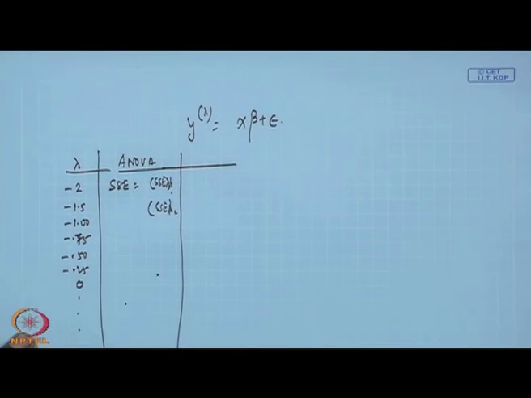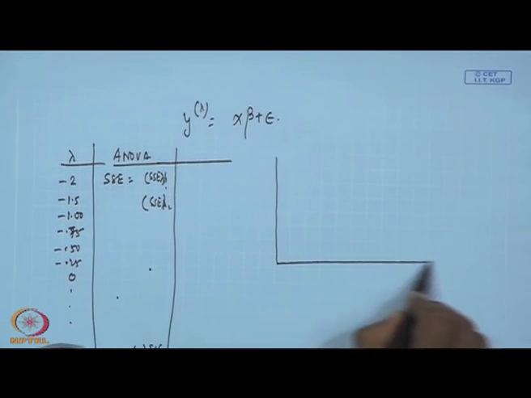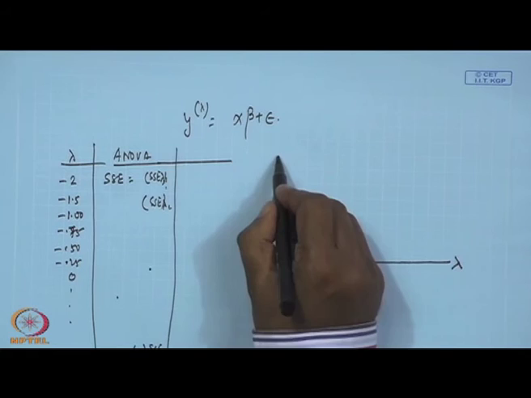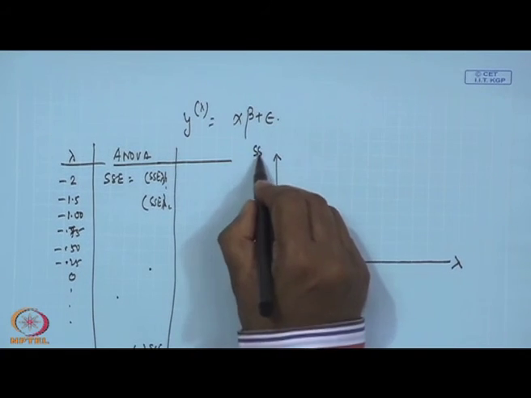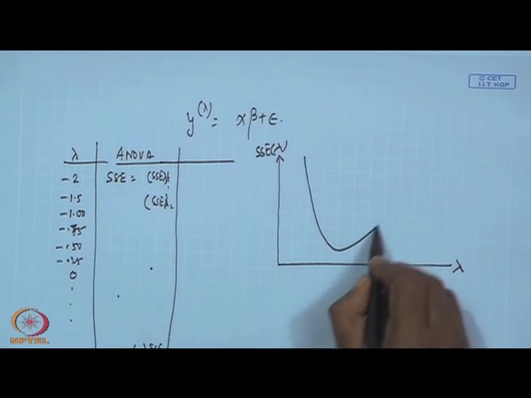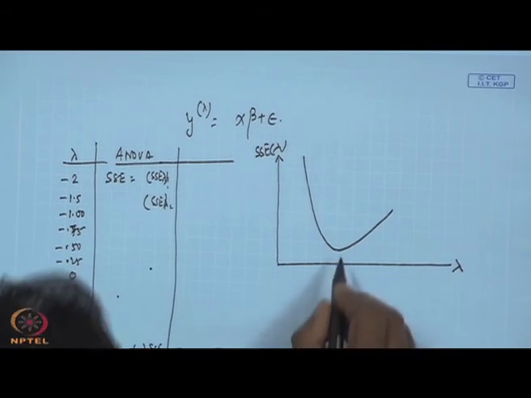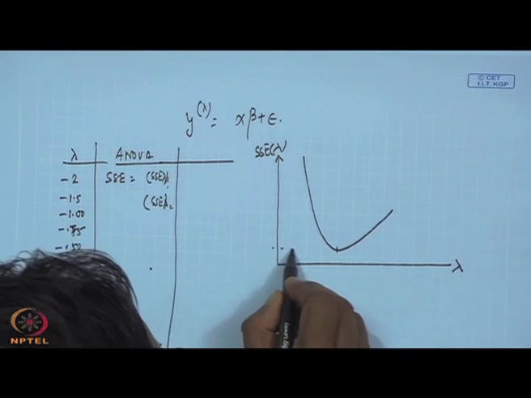And then for every lambda you plot SSE lambda, and you may get a curve like this. So, this is the minimum SSE.